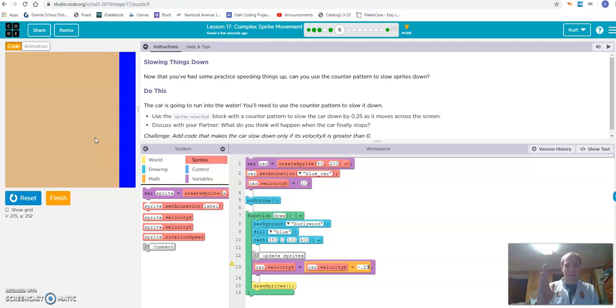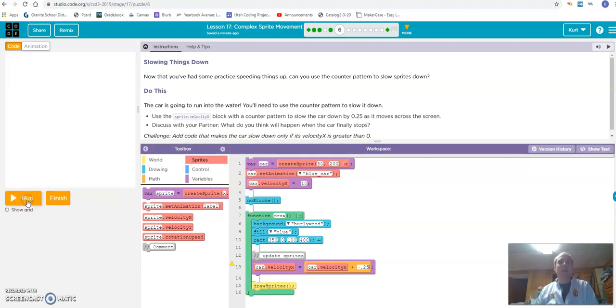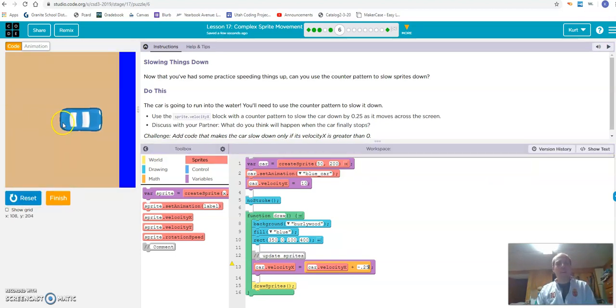Since we were still adding negative 0.25, we were increasing that velocity as it came back the other way. So it was slowing down, and then as it went off the screen, it was speeding up again. We start at 10, go down to 0, and then go negative until we get to negative 10, then negative 10.25, then negative 10.5, as it goes through this counter pattern.